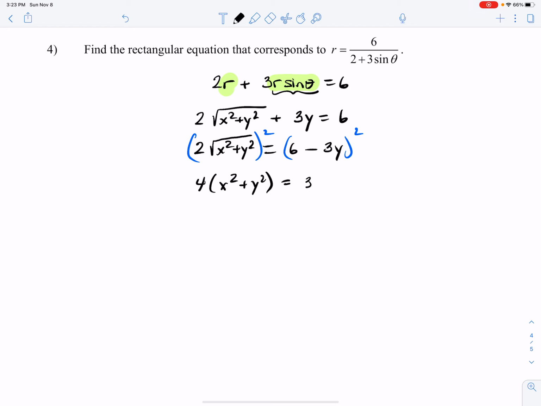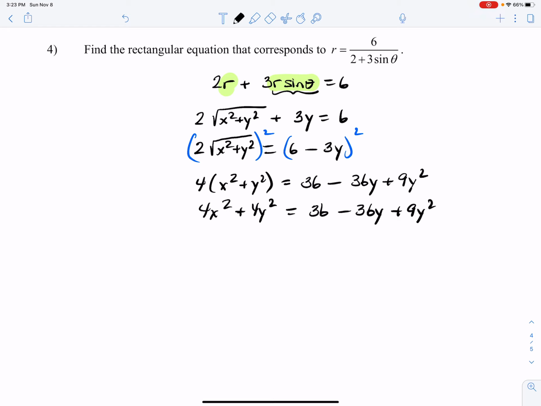On the right, we have, let's see, 36 minus, twice 6 and 3 is another 36, and that's 9y squared. So we have officially 4x squared plus 4y squared equals 36 minus 36y plus 9y squared. And then to make it official, we'll just bring everything to one side.